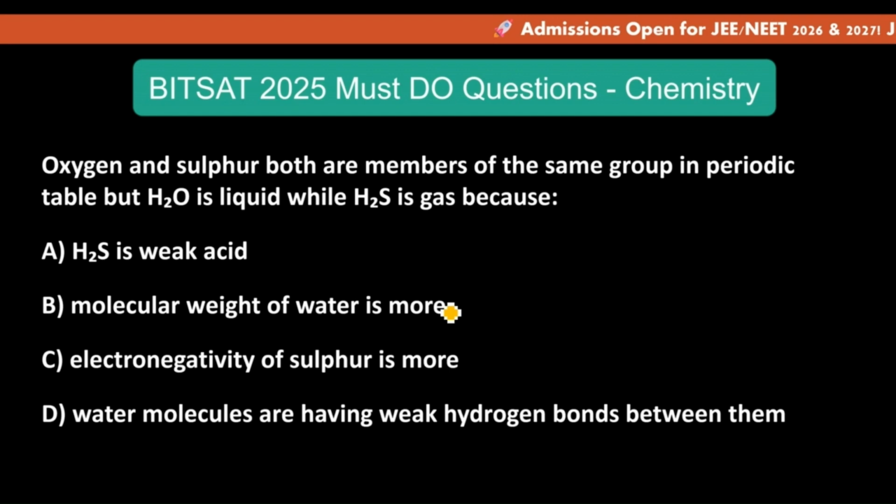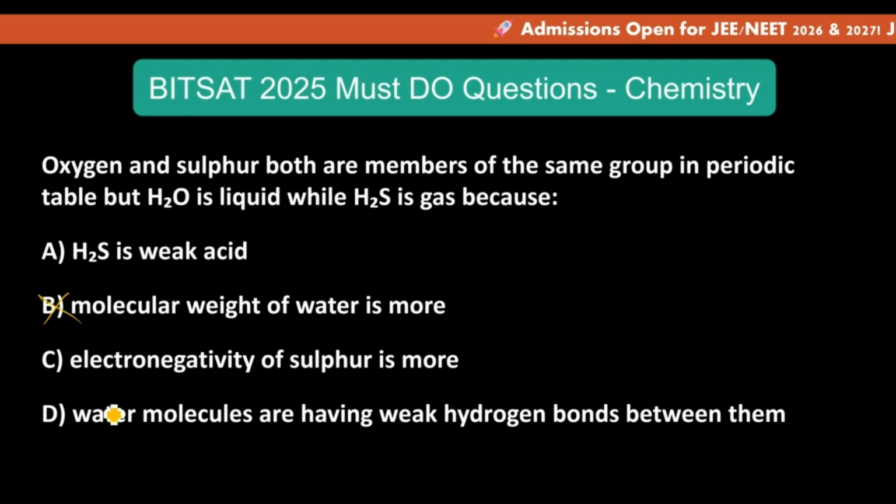Okay, so here you can see: molecular weight of water is more. That is not possible. The molecular weight of water is 18. Here the sulfur is more. So that won't be our answer.